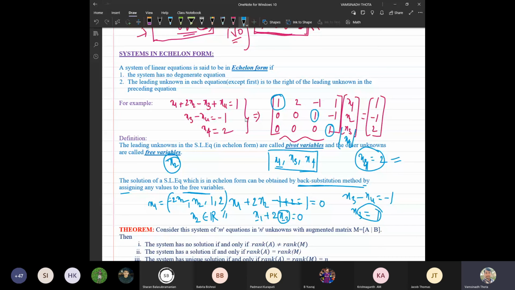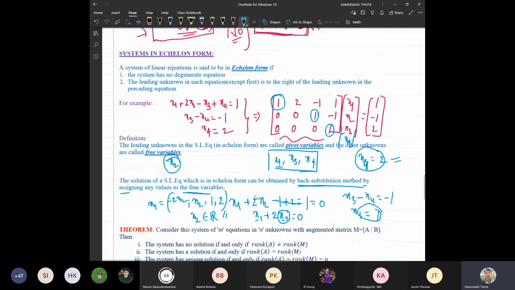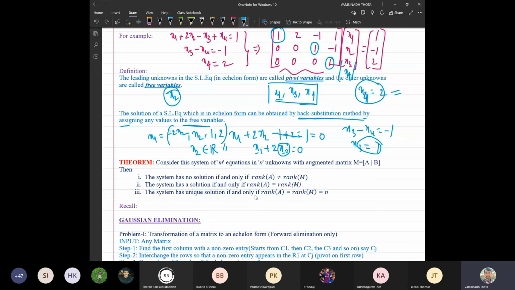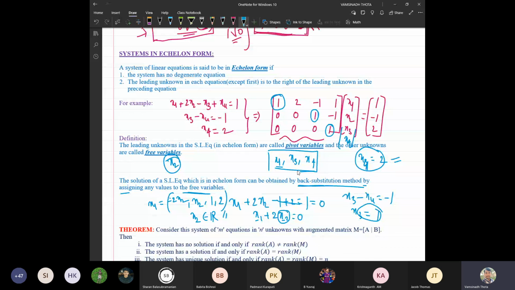For any system, you can see how easy it is if the system is in the triangular form or, more generally, in the echelon form. We can take this advantage and always perform row operations on a given system of equations so that we get an equivalent system for which the solutions are the same as those of the given system.